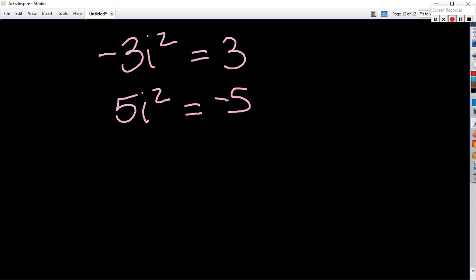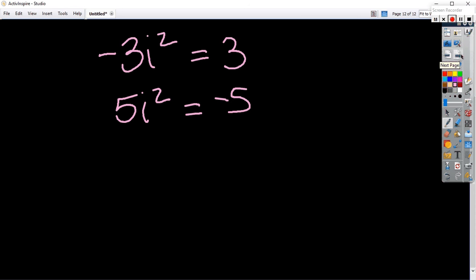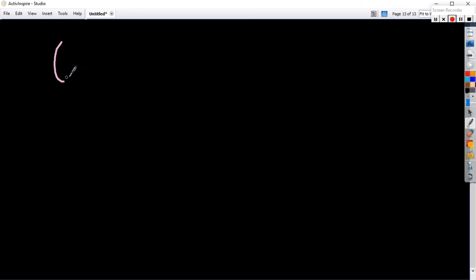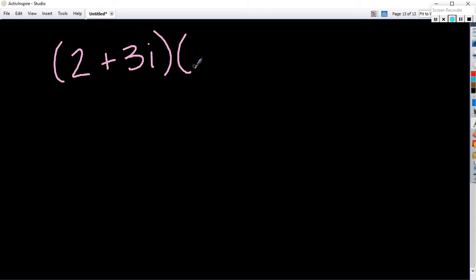Because complex numbers have 2 parts, what are the 2 parts they have? Imaginary and a real part, right? So it's going to look something like 2 plus 3i times 2 plus 2i. I was just showing you what happens with an i squared because this needs to come up.